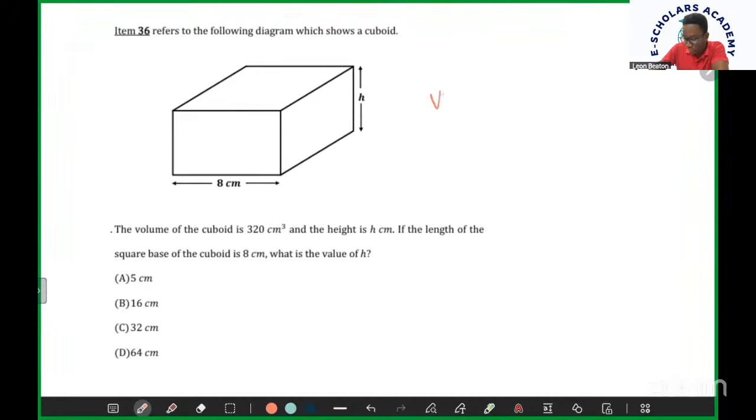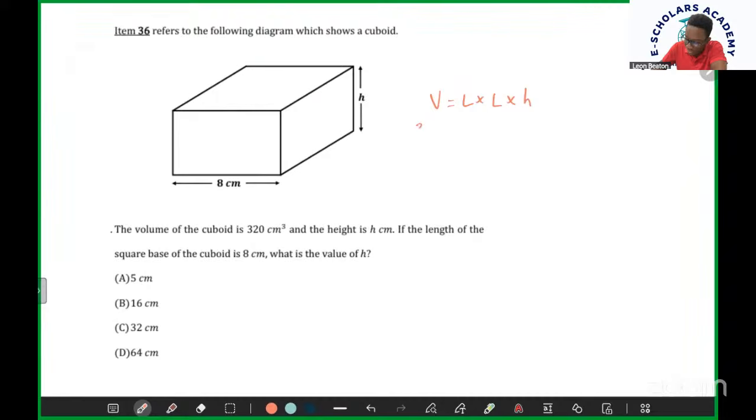So we know volume is equal to length times width times the height. In this case, it told us the base is square. So instead of length times width, we can just say length times length because they said it's a square. So let's put in the things that we know. We know the volume is 320.